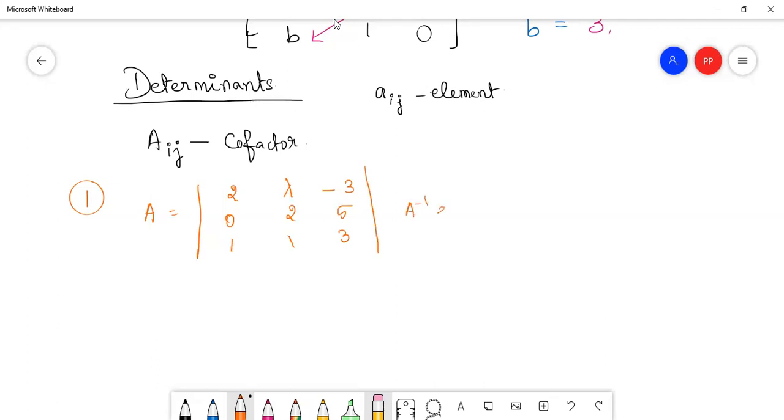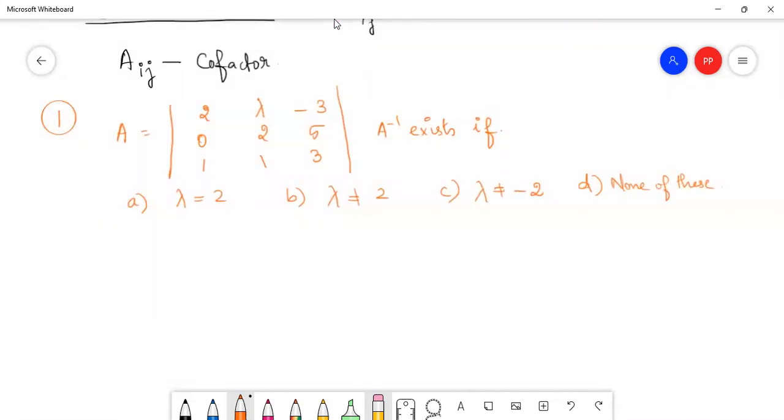A inverse exists if, options are there, so you can give me the correct option. Basically, you have to solve for lambda here.